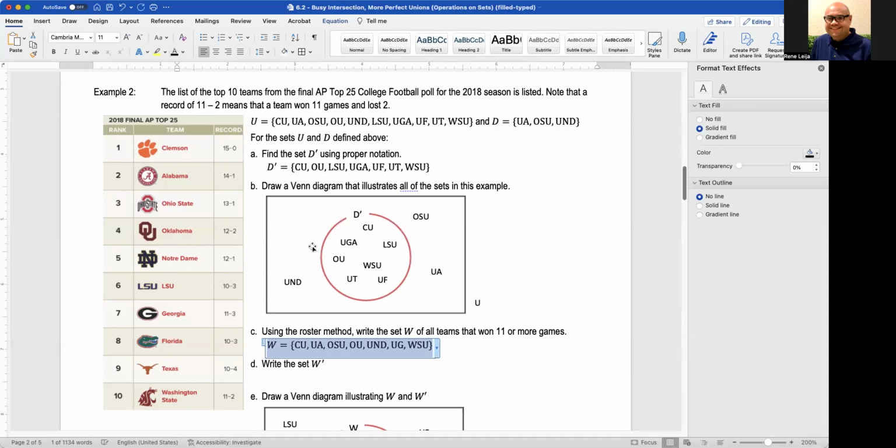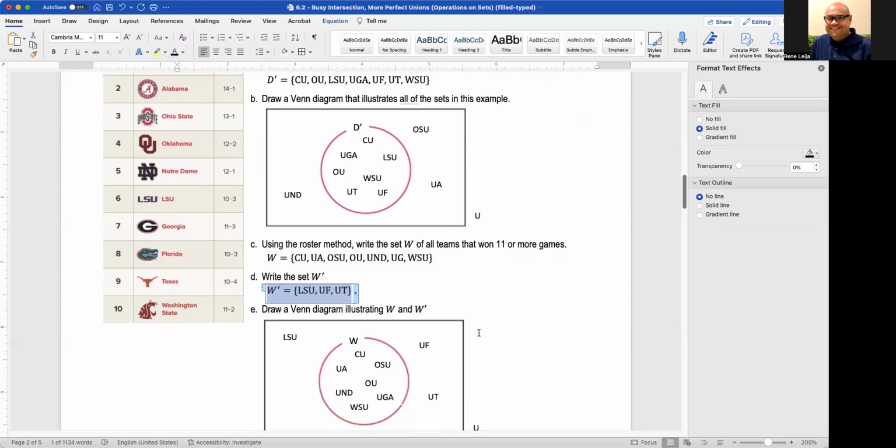Okay, this is what you should have gotten for set W, for these teams. So that means that for W prime, these are the teams that won less than 11 games. So again, I'll let you pause the video. Okay, and these are the three teams that you should have come up with.